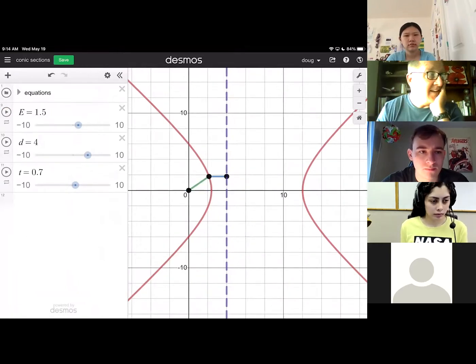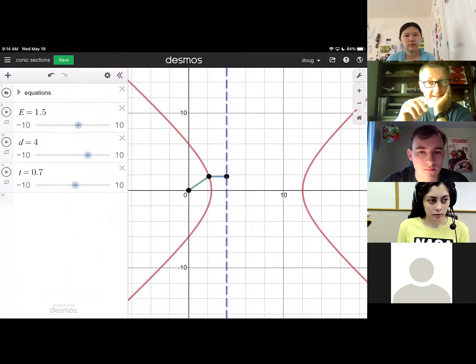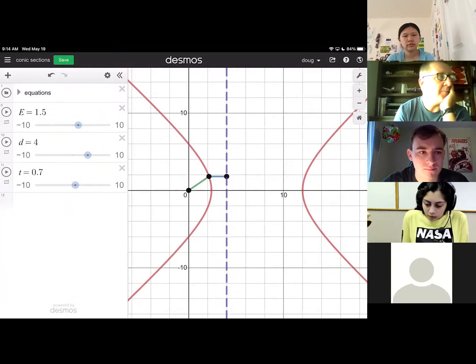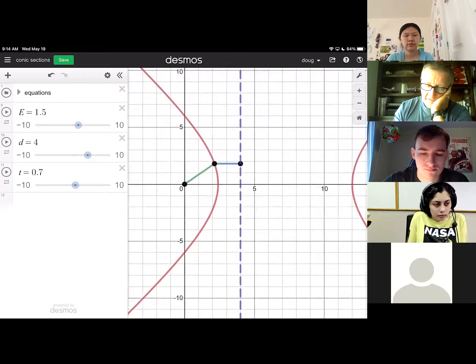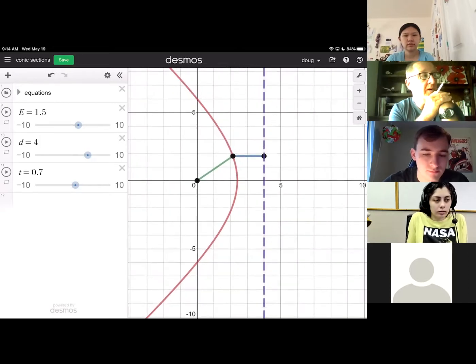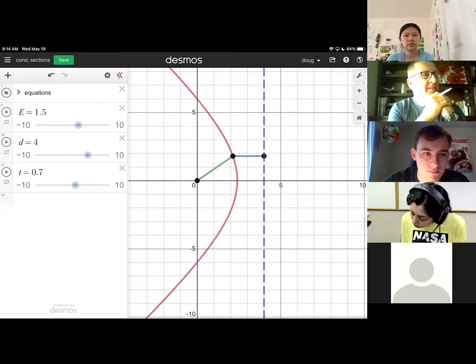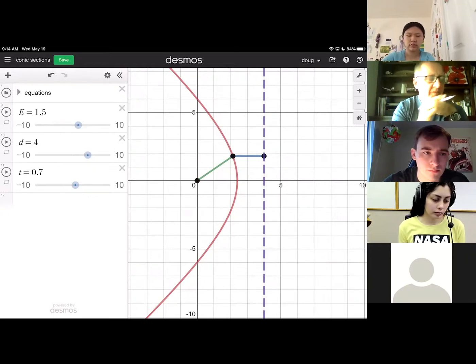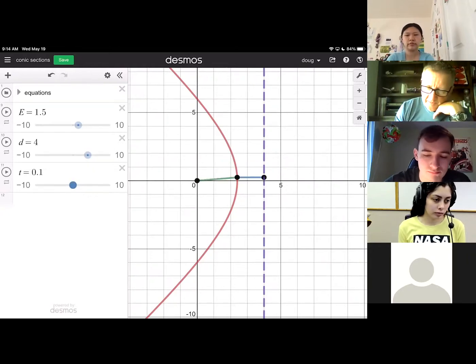Notice E, and I couldn't use lowercase e because lowercase e is 2.718, so I just used capital E. Notice the directrix says D equals 4. And T is theta. I couldn't use theta because it doesn't let me use that as a variable. So notice I can slide my point any place I want to.